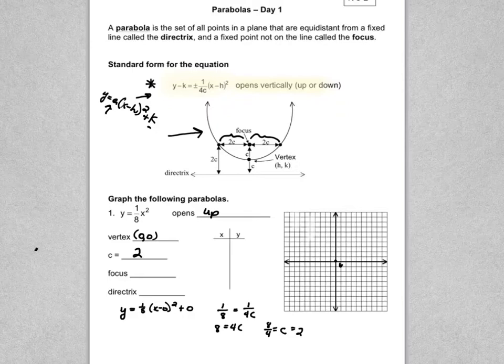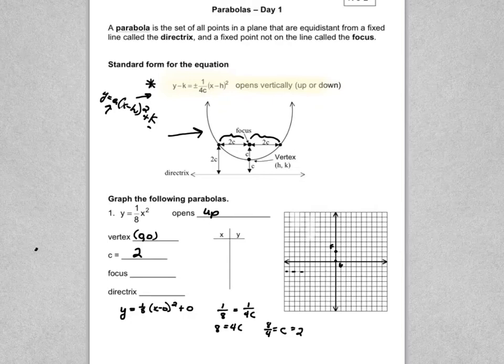Now we can find our directrix and our focus. So we go back over, and since it opens up, go 2 spaces up from the vertex here, and we'll have our focus, so mark that with an F. And 2 spaces underneath the vertex is the directrix.